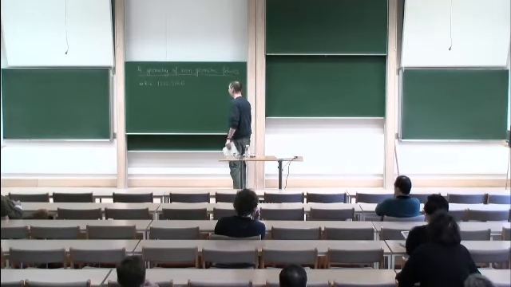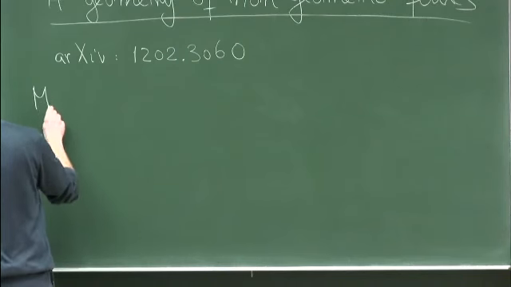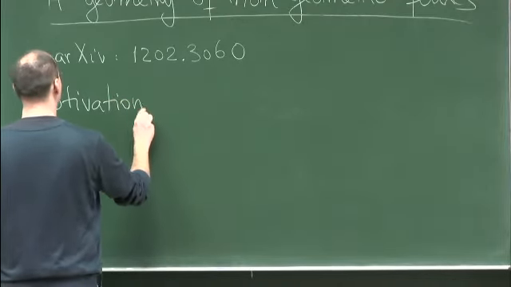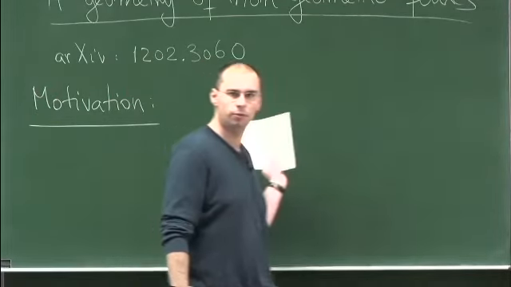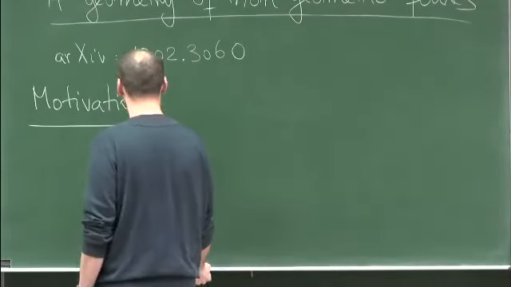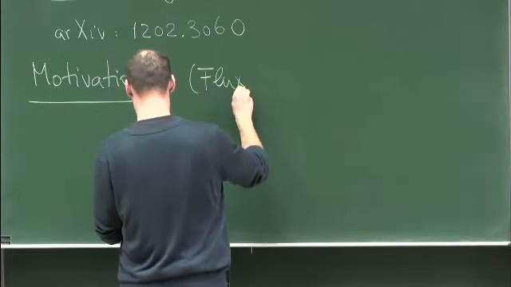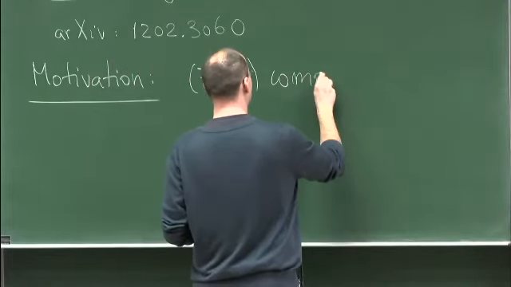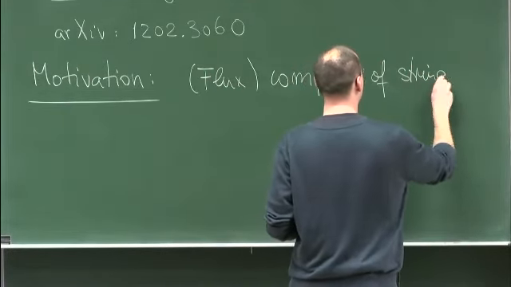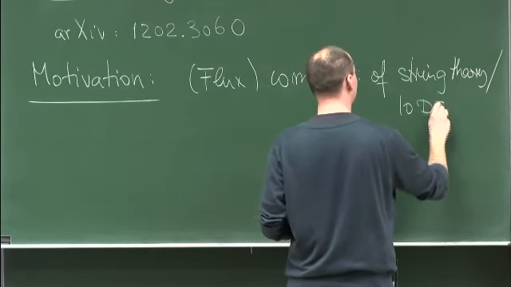So let me just start with the motivation for non-geometric fluxes. So we consider compactifications, in general flux compactifications, of string theory, or to be more concrete, let's say 10-dimensional supergravity.